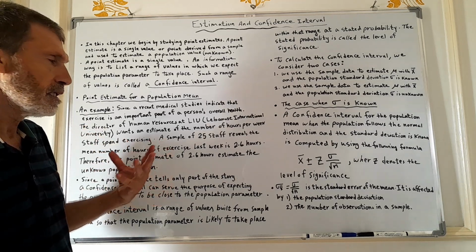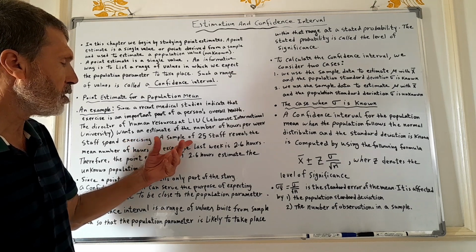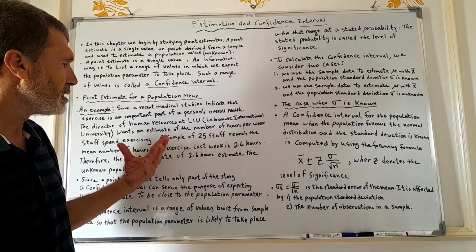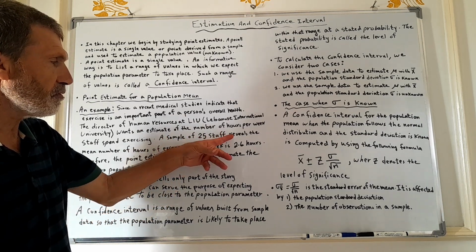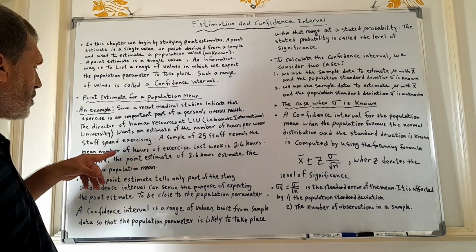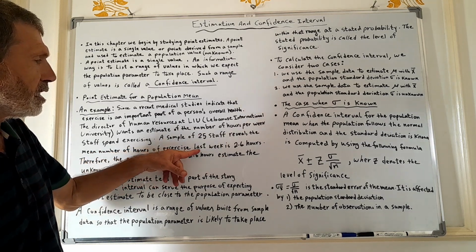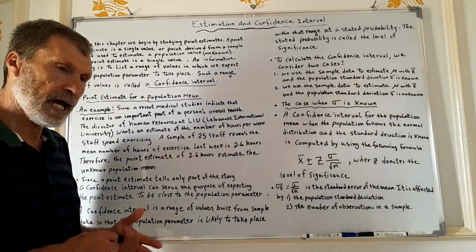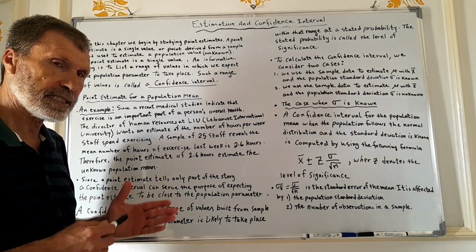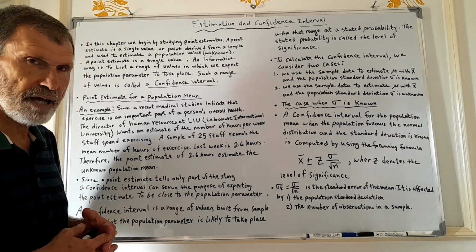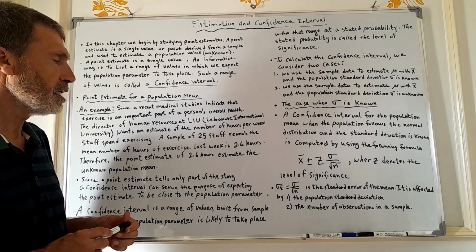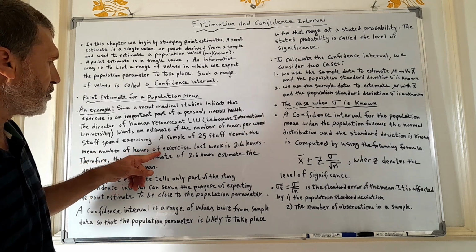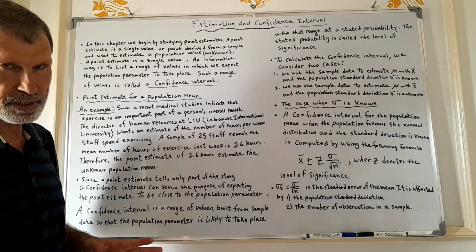So what happens? She selects a sample of 25 staff in the university, and that sample reveals the mean number of hours of exercise last week is 2.6 hours.